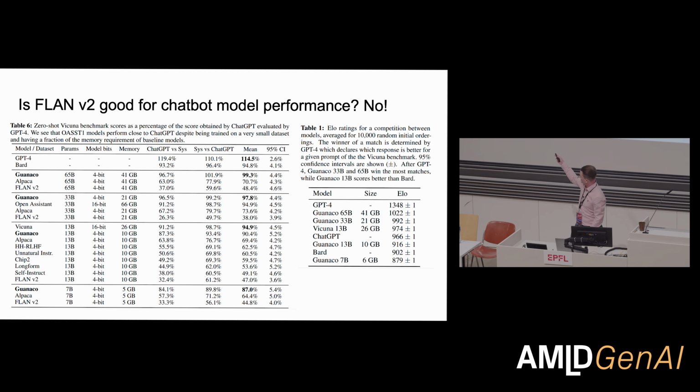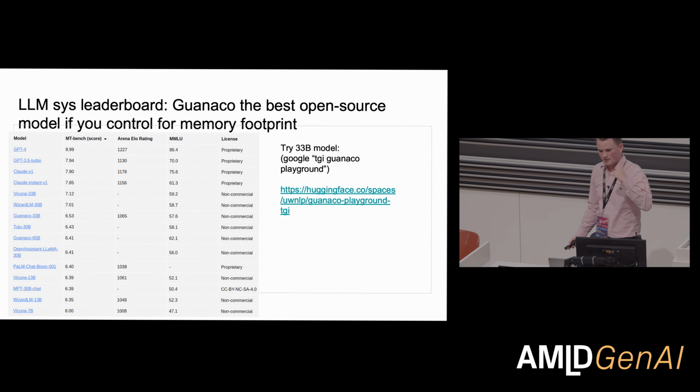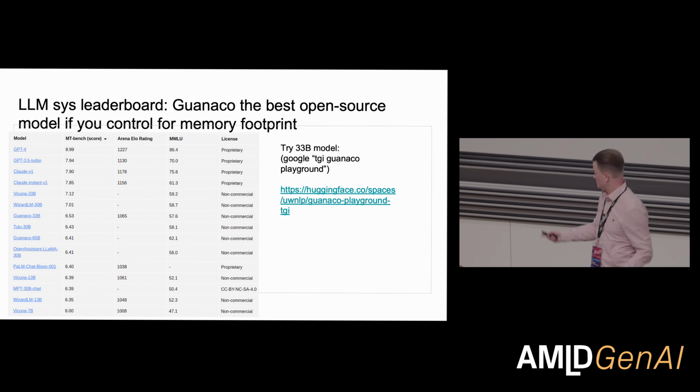This is a more comprehensive benchmark, where you're not limited by the 80 prompts that we evaluate on. Here, people on the internet always ask new questions, so it's a very wide distribution. And our model also does pretty well. If you compare the memory footprint to other models, Guanaco is actually the strongest model.